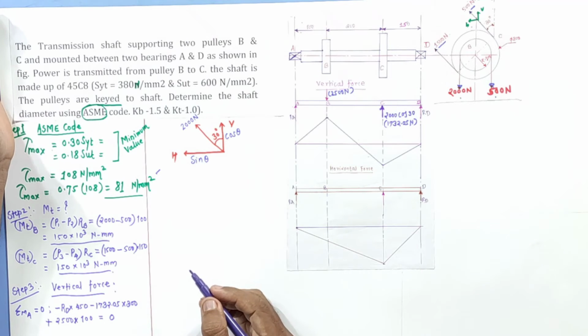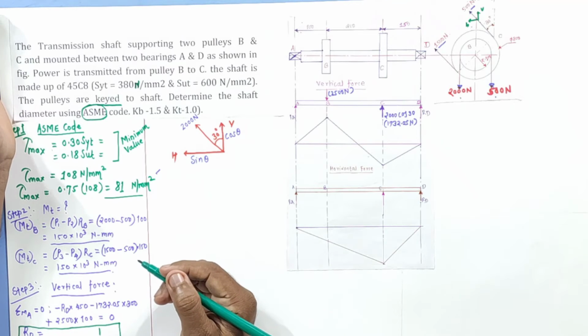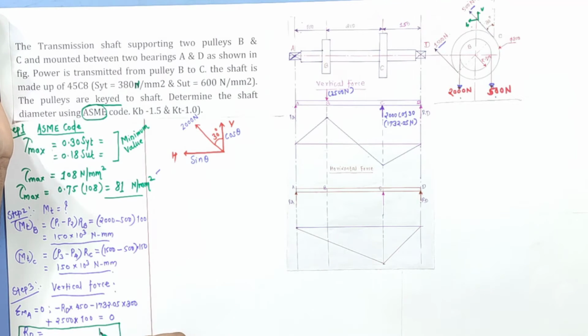So this will be the equation. The unknown is only one, so we can calculate RD, the reaction at D. Just calculate it; in Newton, with a negative sign, you will get 599.14. Please check it. So this will be RD, the reaction at D.